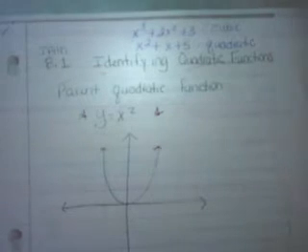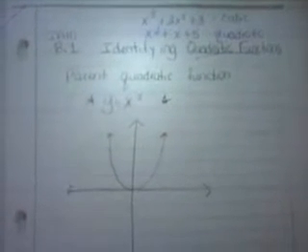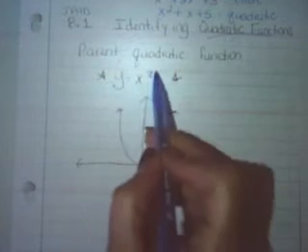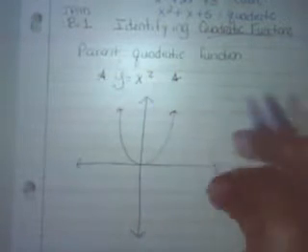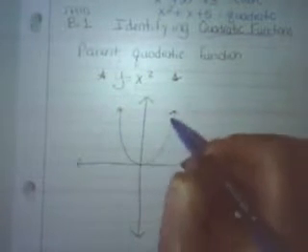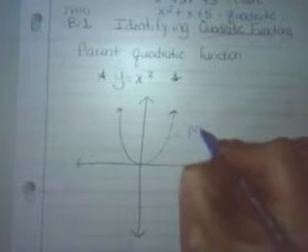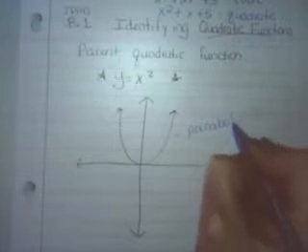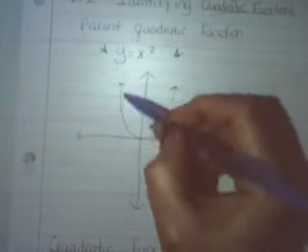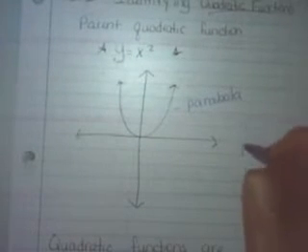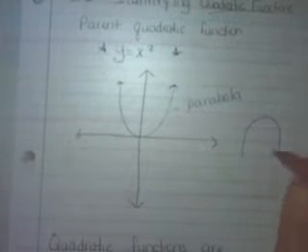Okay, so identifying quadratic functions, your parent quadratic function is y equals x squared. If you graph that, you're going to get this U shape, which is called a parabola. A parabola will either face upwards or it will open downwards.